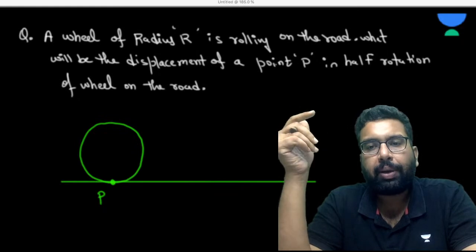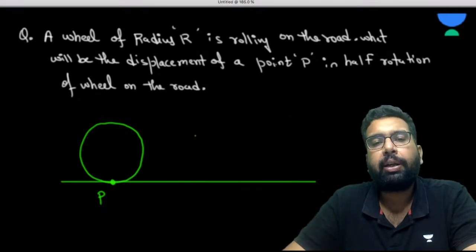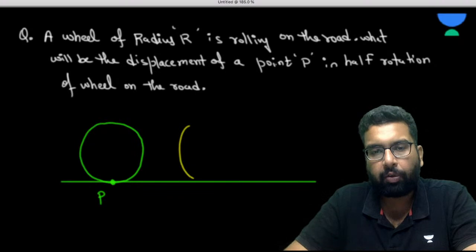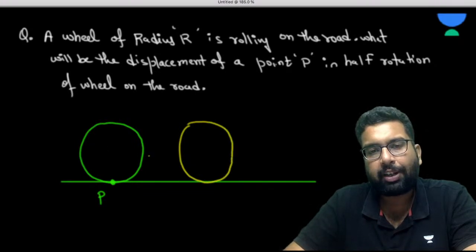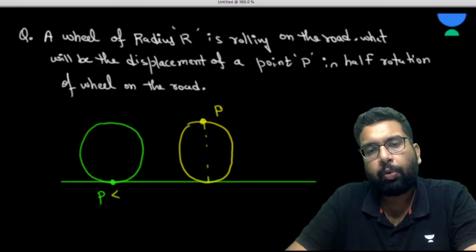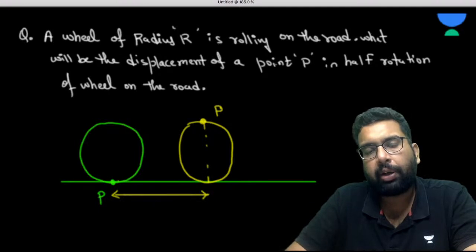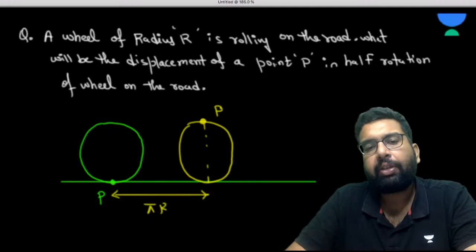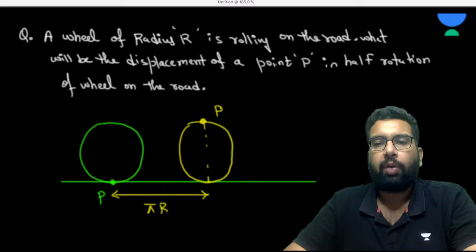Now, when it rotates by half a rotation, it will be displaced. It will move forward, and this point will have changed. So obviously, this point in half the rotation will reach this top point. How much distance from here to here? It will be pi r because it has taken half the rotation now, obviously.